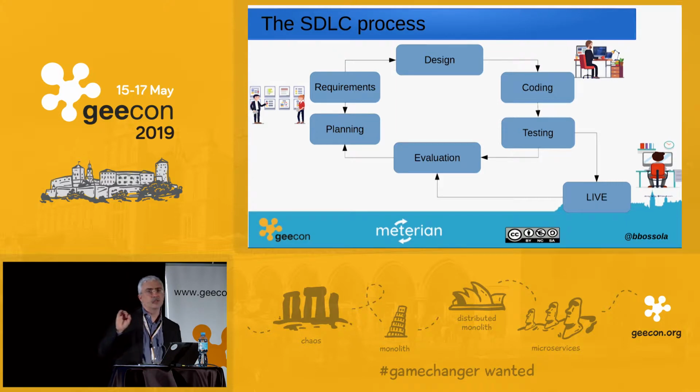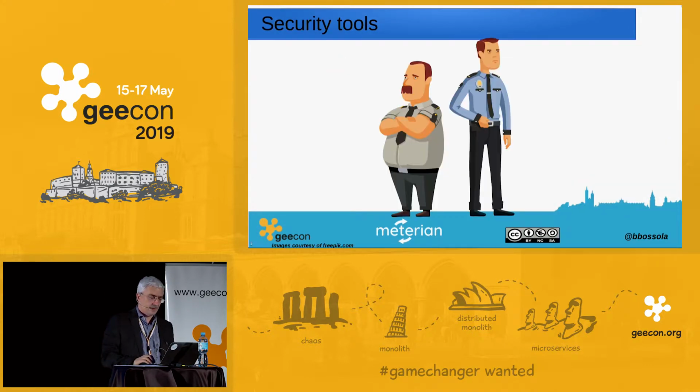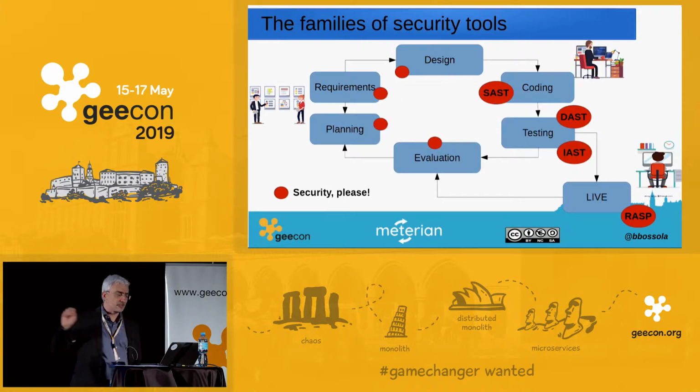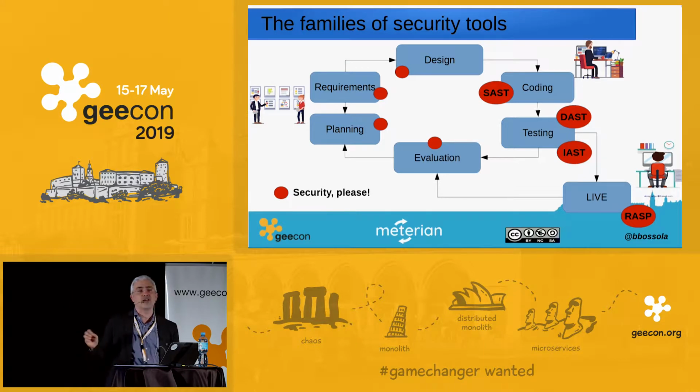The intention of my talk is to check whether any tool is available for any of these stages. I want to find security tools that we can use in these stages, and there are a few of them. For the one we just saw, I wasn't able to find a tool.